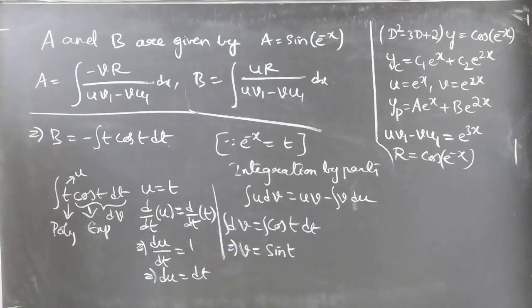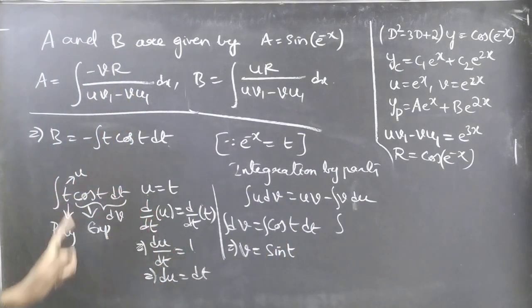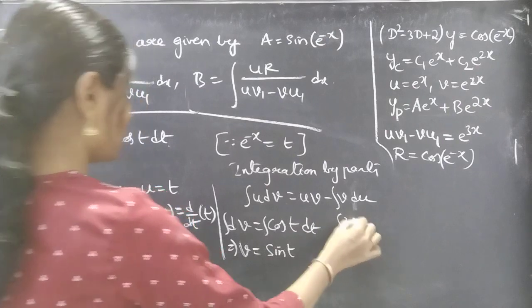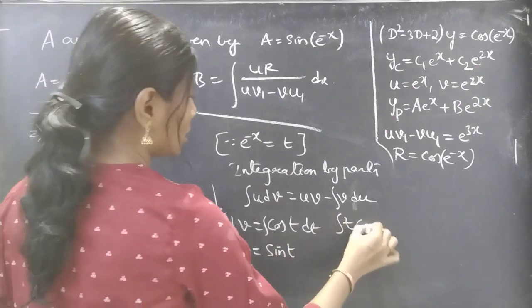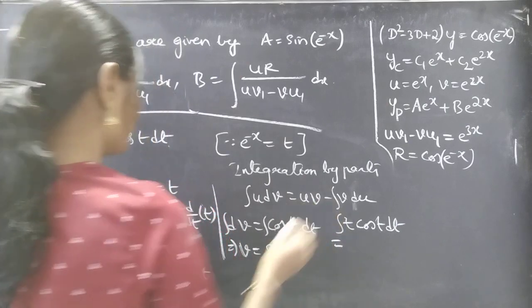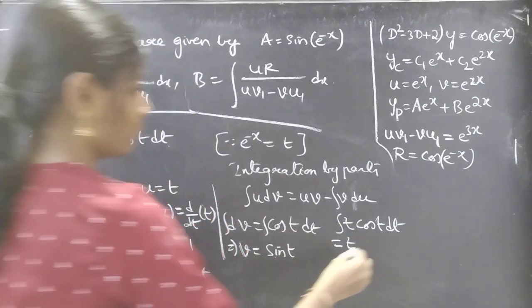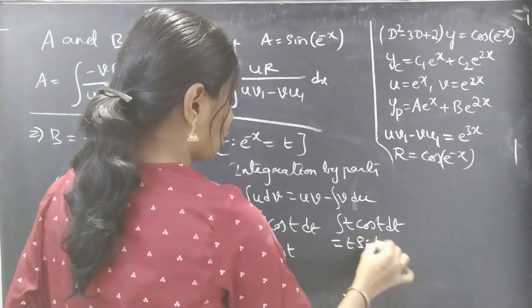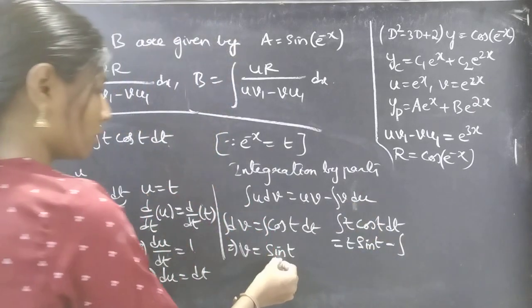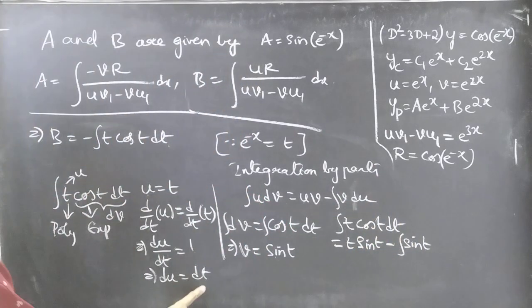Now we can just apply this formula. We'll get integral u dv, u is t, into dv is cos t dt, equal to u into v, t into sin t, minus integral v into du, du is dt.